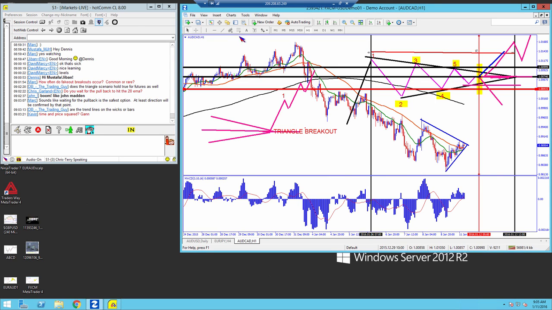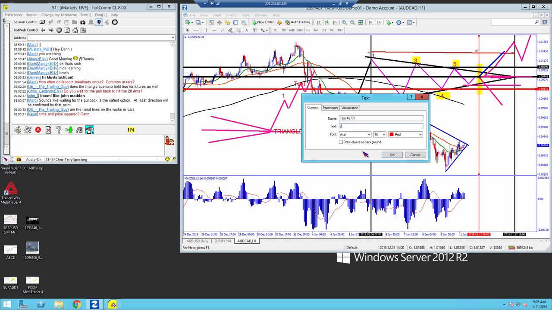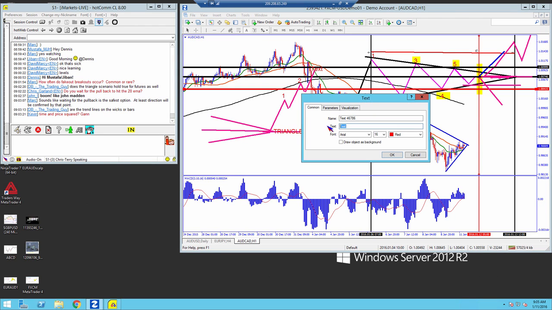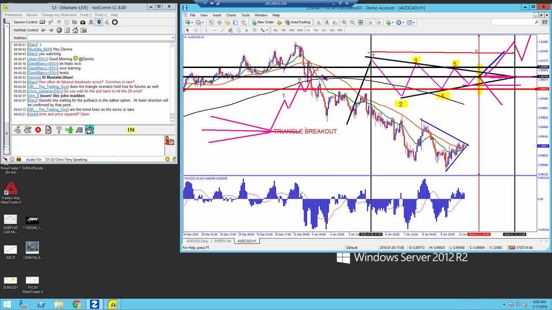1, 2, okay, 3. So you know what typically will happen is you get these 3 drives to end the swing.